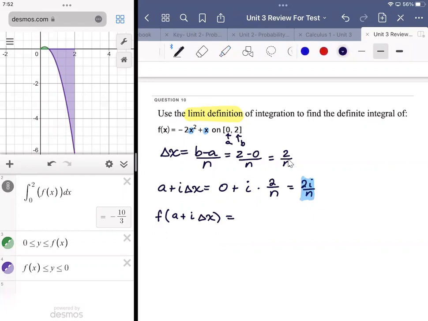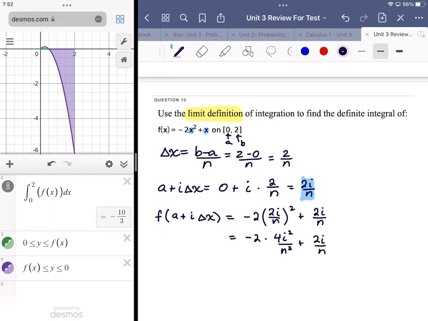So we're looking at negative 2 times 2i over n squared plus 2i over n. So we'd simplify that. Simplifying that, negative 2 times 4i squared over n squared plus 2i over n.